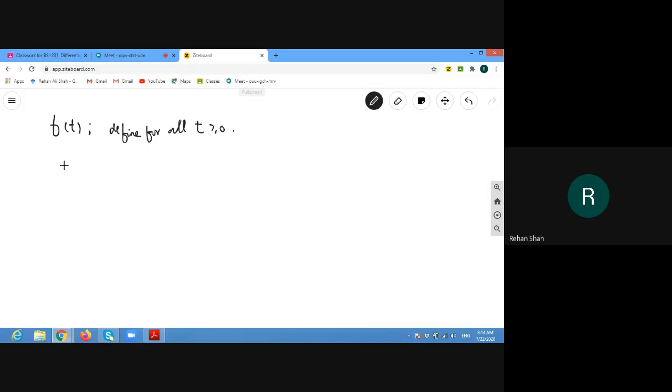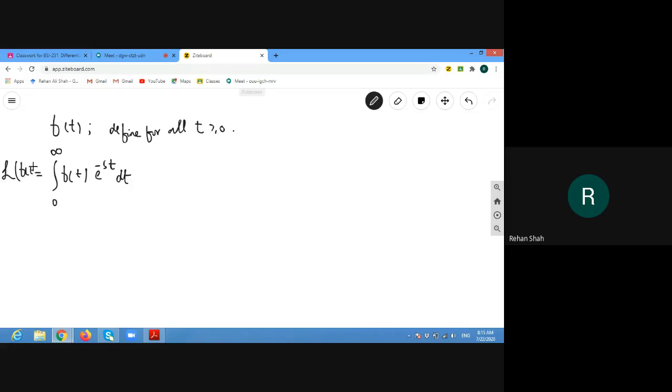So if you multiply this f of t with e power minus st, e power minus st is an exponential function, and integrate this product from 0 to infinity with respect to t, so you will obtain the Laplace. Laplace is denoted by this notation, Laplace of f of t.